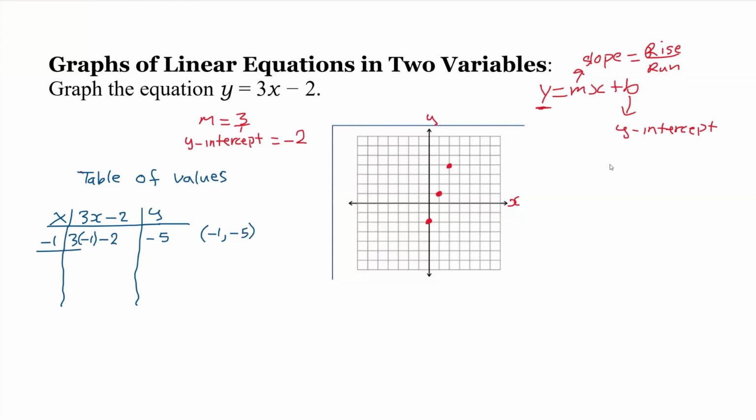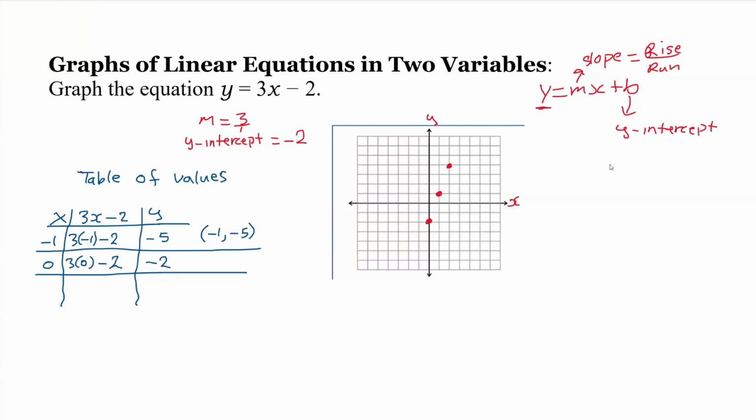And I can do this for any amount of x that I want. Let's do it for when x is 0. So if x is 0, I get 3 times 0 minus 2, and that gives me -2.